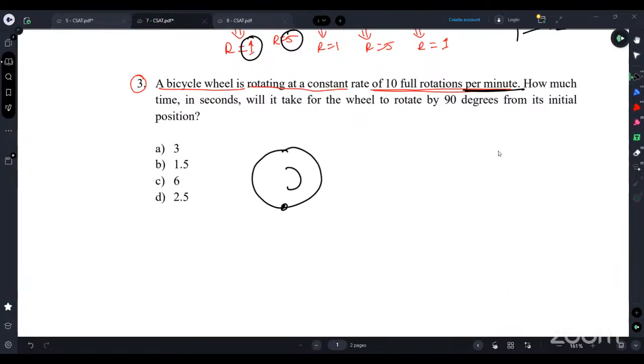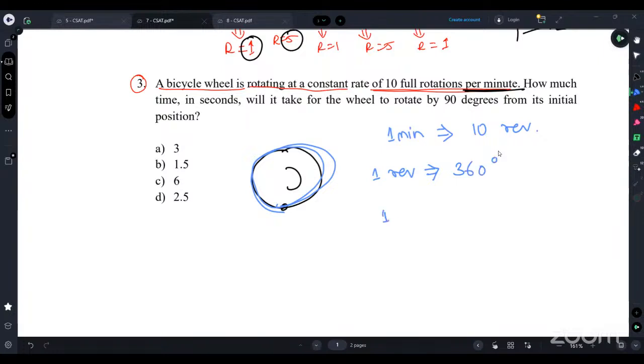In 1 minute, it is having 10 full revolutions. So this is first revolution, then this is second revolution. How many such revolutions is it having in 1 minute? So basically 1 minute is giving you 10 full revolutions. Now you tell me, one revolution is how many degrees of angle? It is 360 degrees of angle, right?